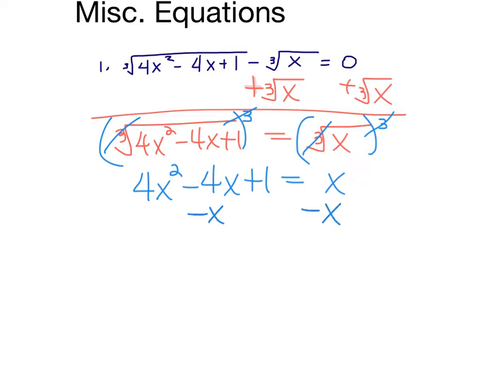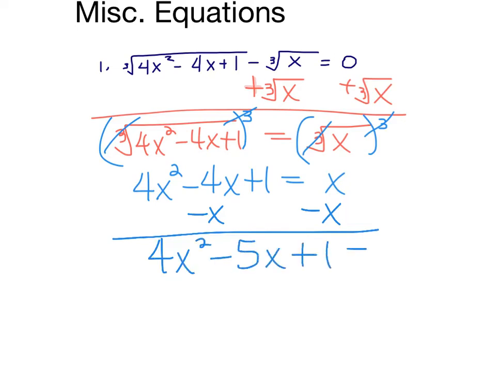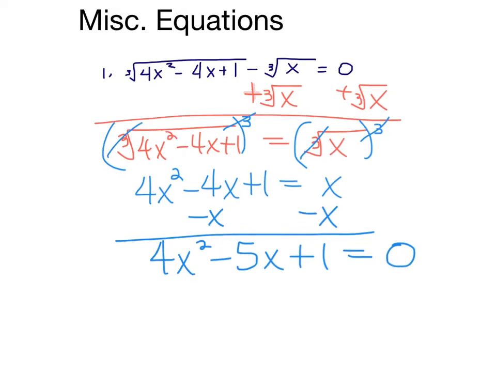And that's what you did on the test yesterday. So 4x squared minus 5x plus 1 equals 0. I'm going to factor it. For me, factoring is faster. However, you can also do the quadratic formula, and you could also use completing the square.